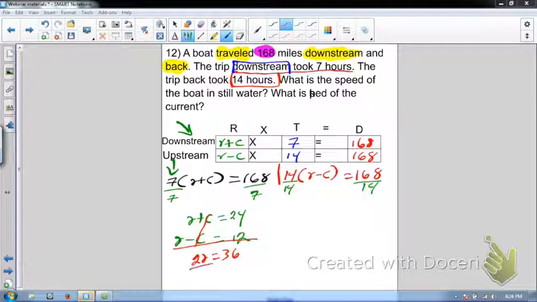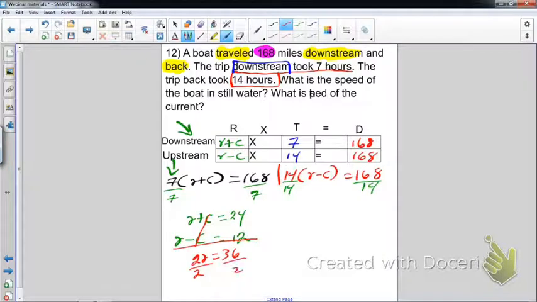And then you get to divide both sides by 2. And you see that r is equal to 36 divided by 2, that's 18. So the speed of the boat is 18 miles per hour.